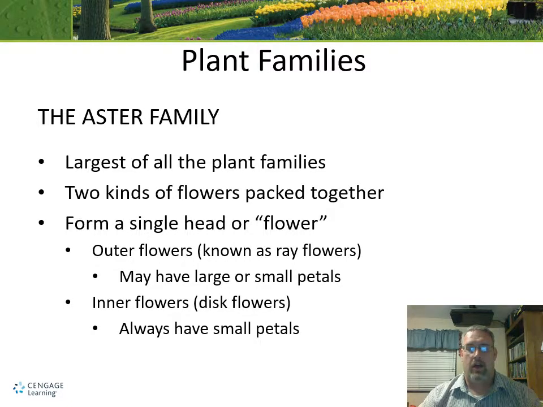So an aster family is going to have the largest of all the different plants. This is going to include the most varieties and its flowers. When we start to talk about all these different flowers, they're all going to have different characteristics, but they're all generally related to this aster family.